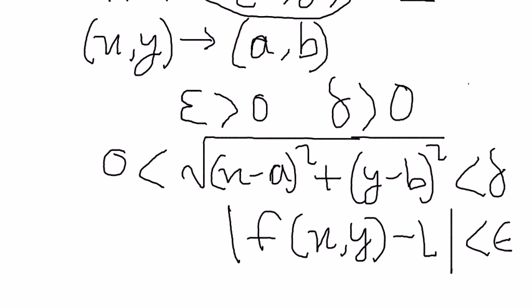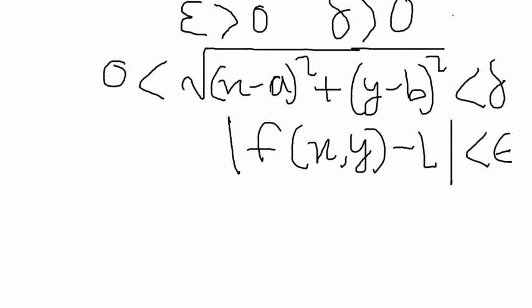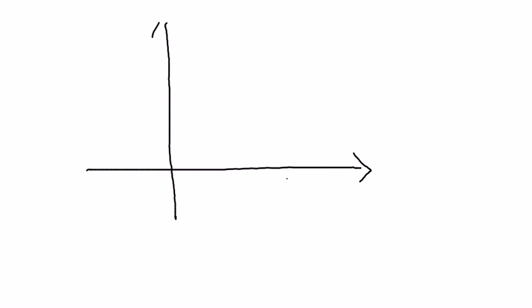Okay, so now what does this mean? How do we get the weird expression, root of x minus a whole square plus y minus b whole square? Well, a graphical aid might help you. So here we have a Cartesian coordinate system, and here we have the point AB.